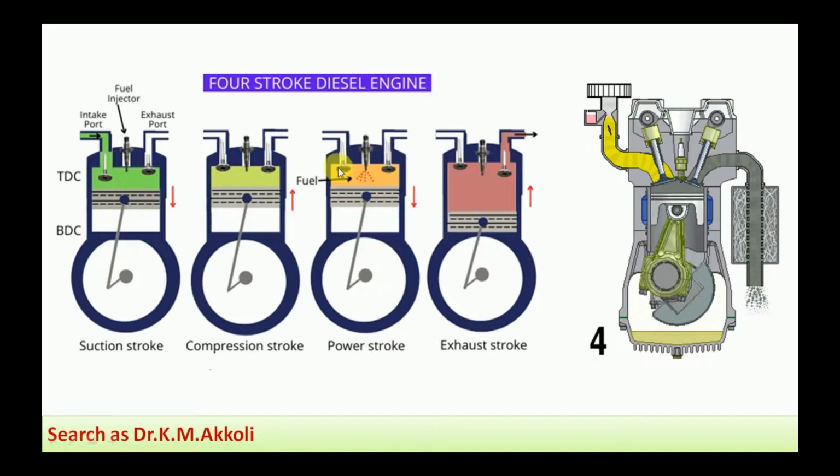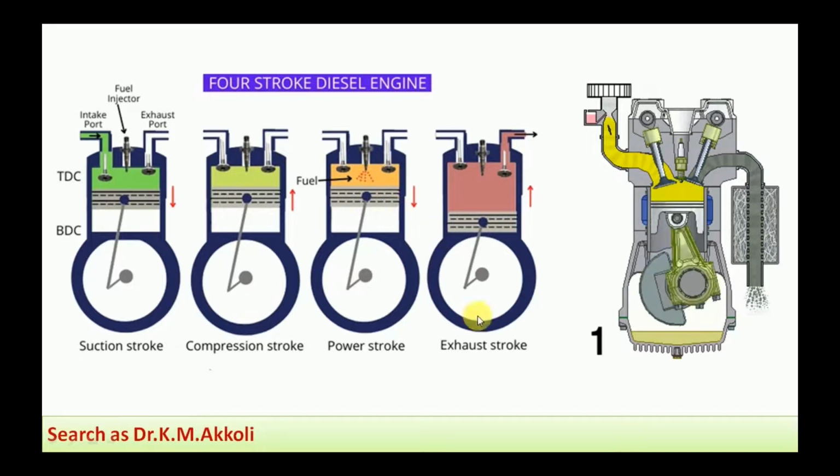Again both the inlet and exhaust valves remain closed, the piston moves from the top dead center to the bottom dead center, and the crankshaft makes a half revolution. This is the power stroke where the power is produced, or the expansion stroke we can say, and it is the very important stroke for the operation of the diesel engine.